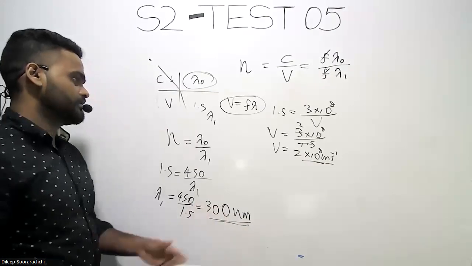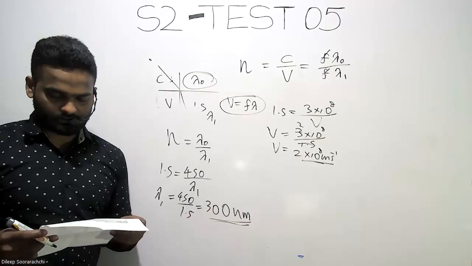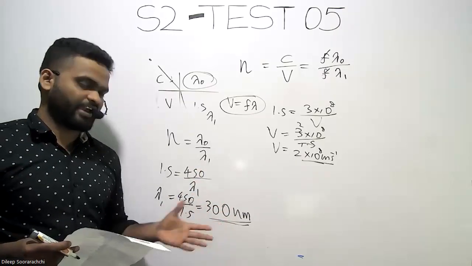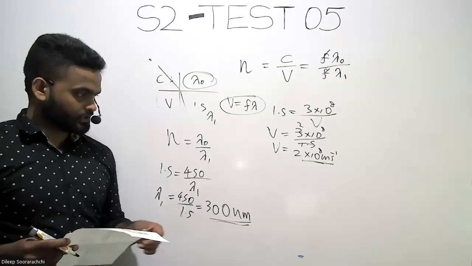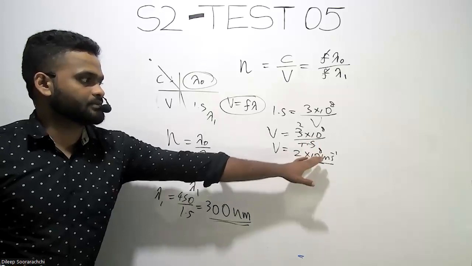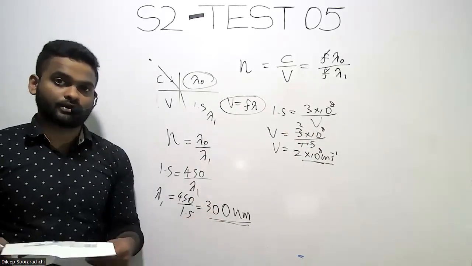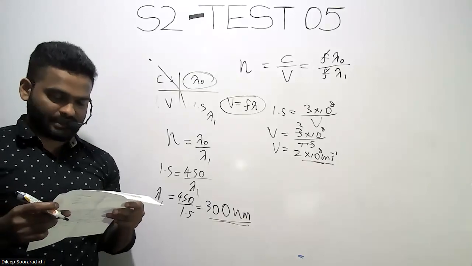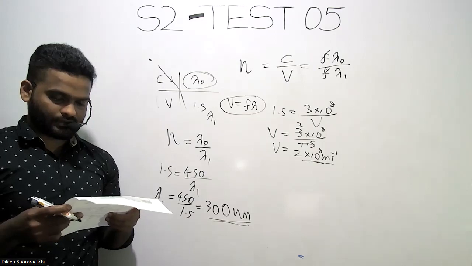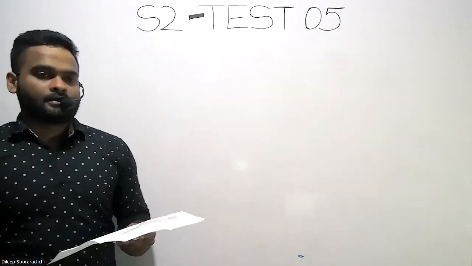This is the wavelength of the wave in the medium. So velocity has decreased to 2 times 10 to the power 8, and wavelength has also decreased to 300 nanometers in the medium. So the answer for that should be the third one for the 5th question.